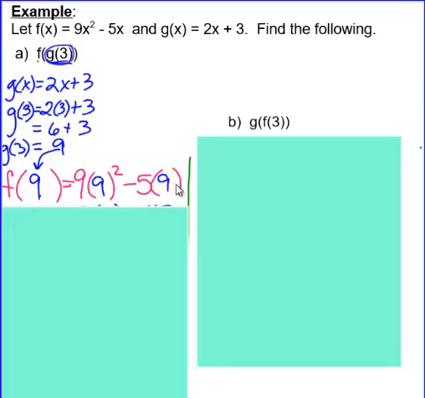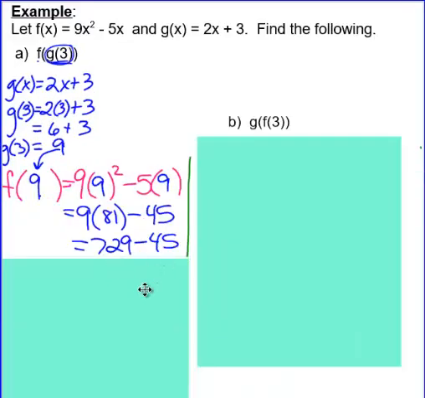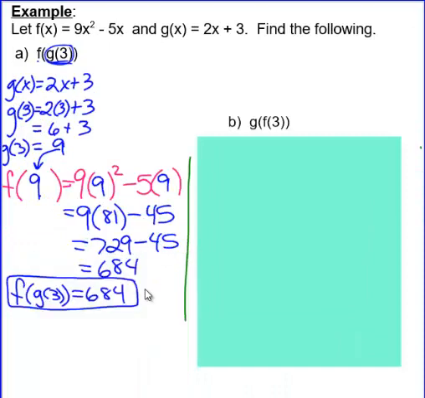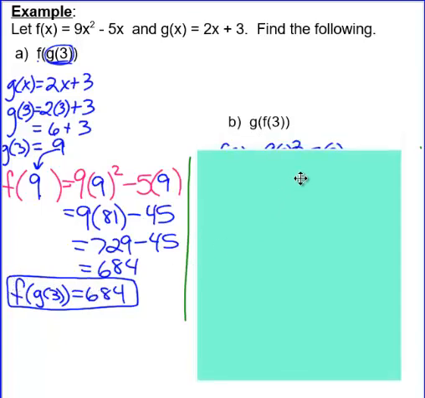And then everywhere I see an x in the f function, I'm going to replace it with a 9. And then evaluate. So 9 squared is 81, and then multiply that by 9, and then subtract the 45. Okay, so f of g of 3 equals 684. So evaluate the inside function first, get a number, and then plug it into the outside function to get your final solution.